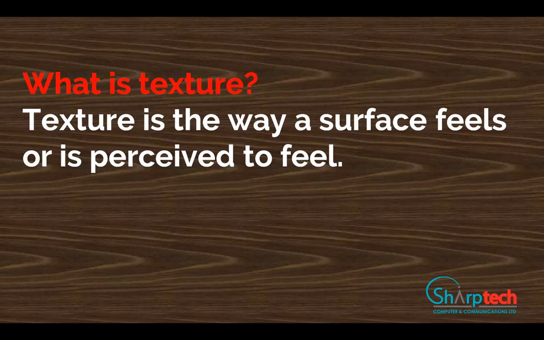So your sight communicates with your mind, and then you should be in a position to perceive how that particular surface that you're looking at feels. Of course, if it looks rough, your mind will always sense that possibly that texture must be a rough texture. The kind of texture you are looking at, you define it by the way you perceive it.